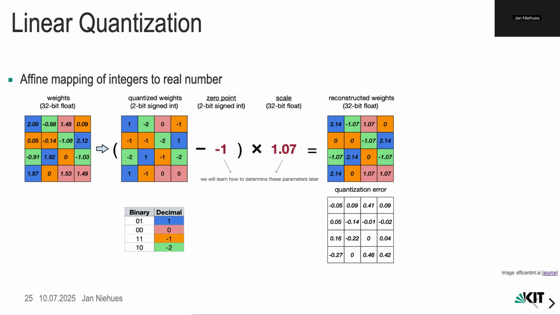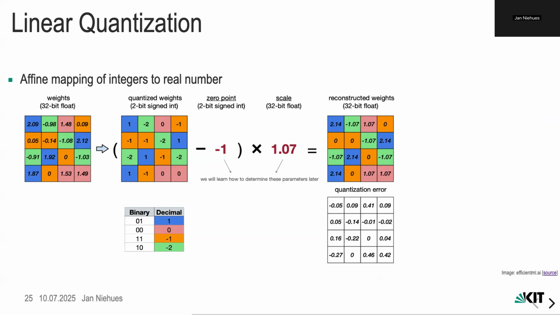All your 4 values here, if you look at what they are mapped to, you see that the one gets mapped to 2.14, the lower one is 1.07. So you see all of them have a distance of 1.07. So it's between 0, 1.07, minus 1.07 and 2.14. So the distance between all the points is equal, and it's mainly influenced by the scale.